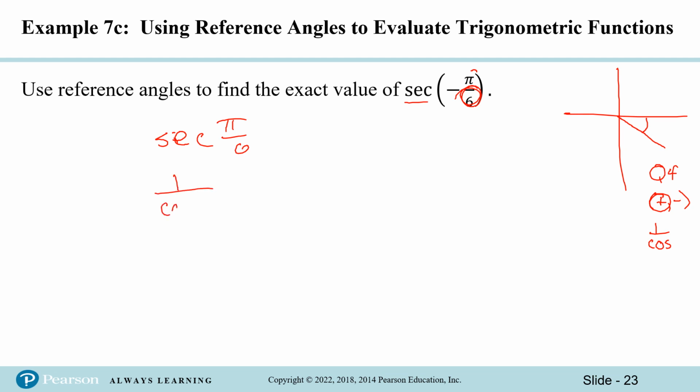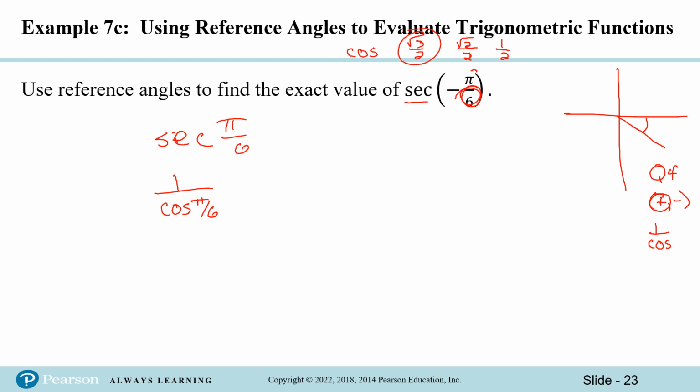So 1 over the cosine of pi over 6. With my cosine, that's 3, 2, 1. So square root of 3, square root of 2, and 1. Pi over 6 is the first one. So that's the square root of 3 over 2.